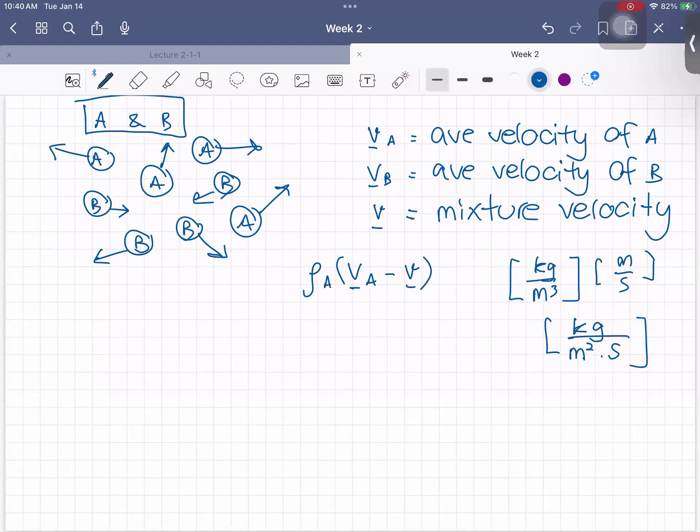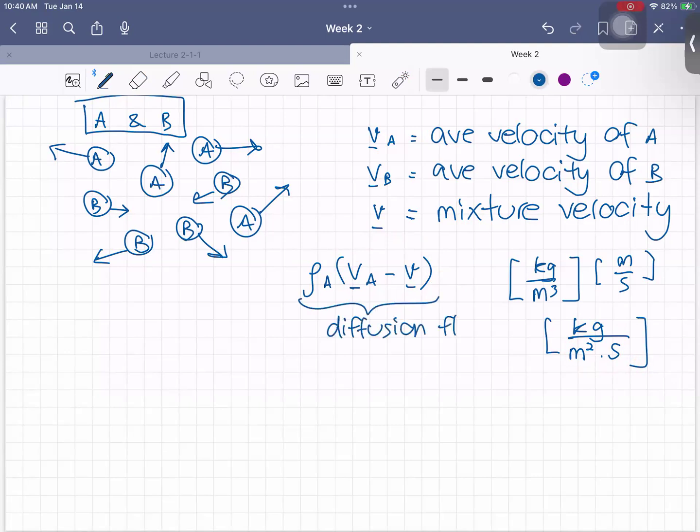So this whole term that I'm pointing at right now is actually the mass flux, and it's also the diffusion flux. Let me write it first.